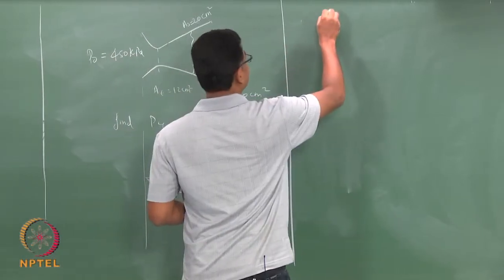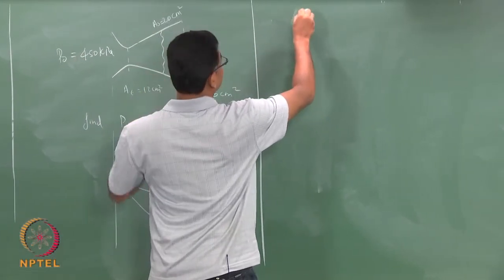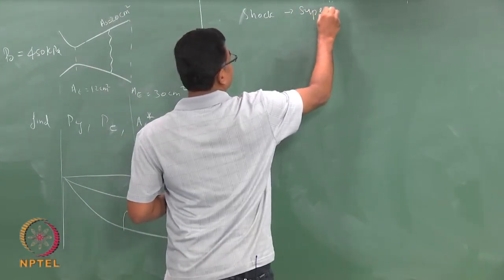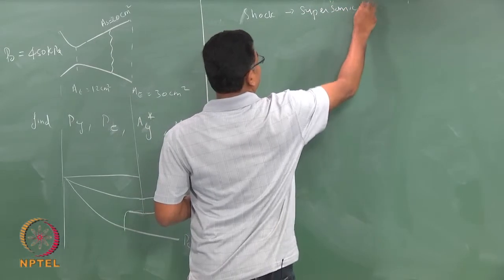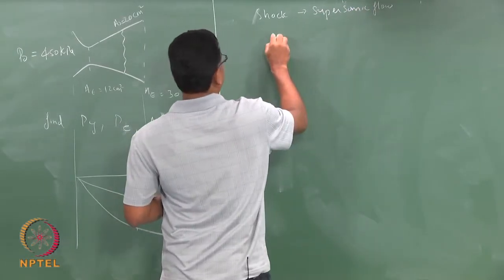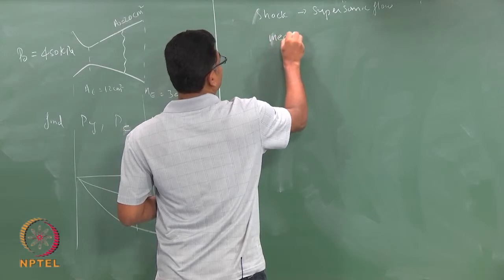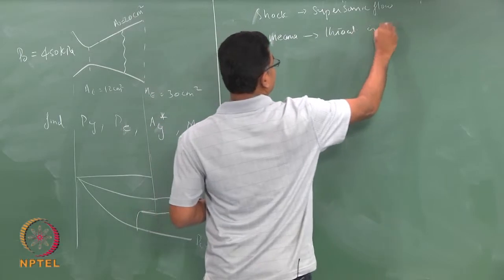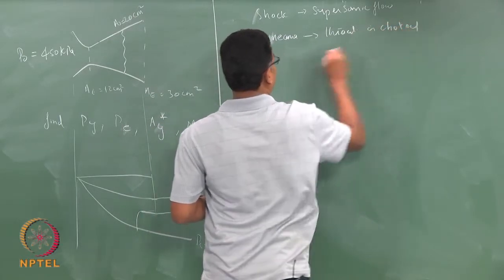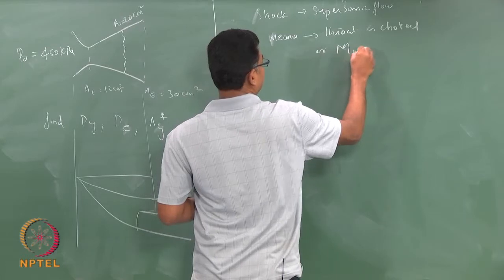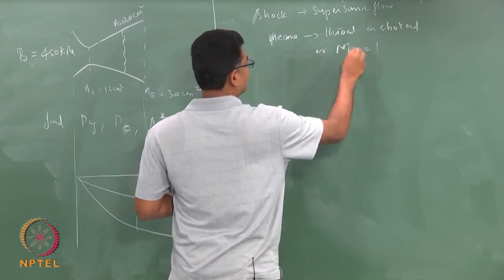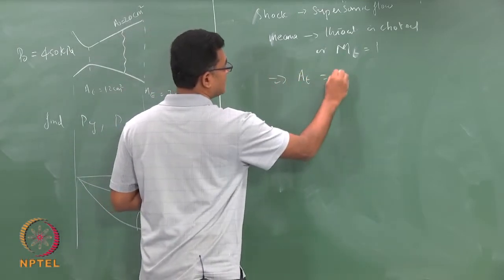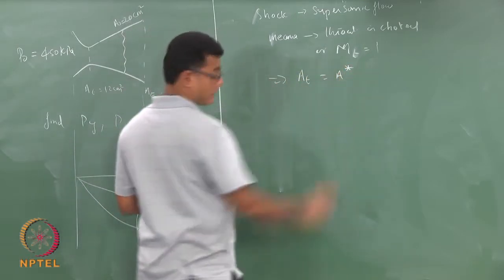So, that is the first information we have from here: shock for a supersonic flow, which means the throat is choked, or the Mach number at the throat is 1, which implies your A throat is your A star.